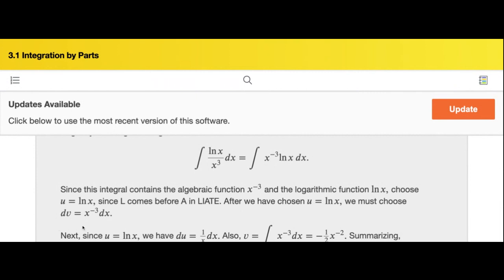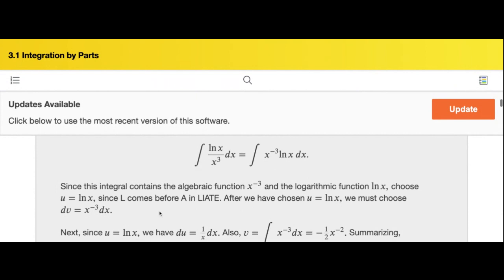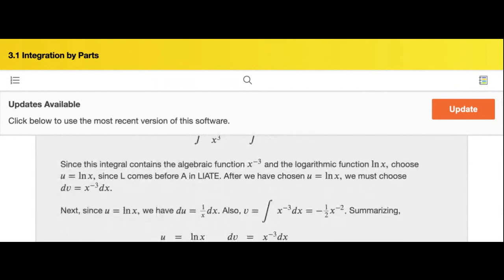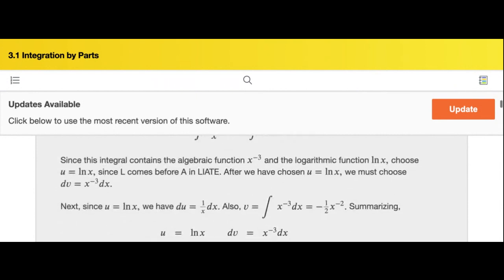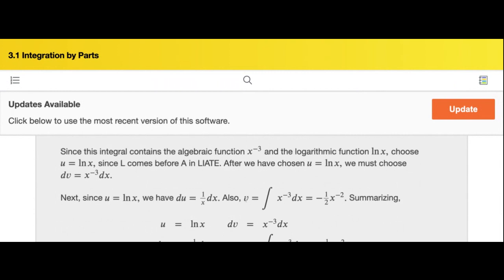So anti-differentiate dv. v equals the anti-derivative of x raised to -3 dx. By the power rule, we get x raised to -3 plus 1, which is -2, then we divide by -2, so we get -½.